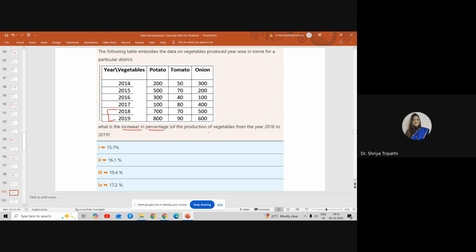Now, when we say vegetables, it means the total of potato, tomato, onion, all of this.